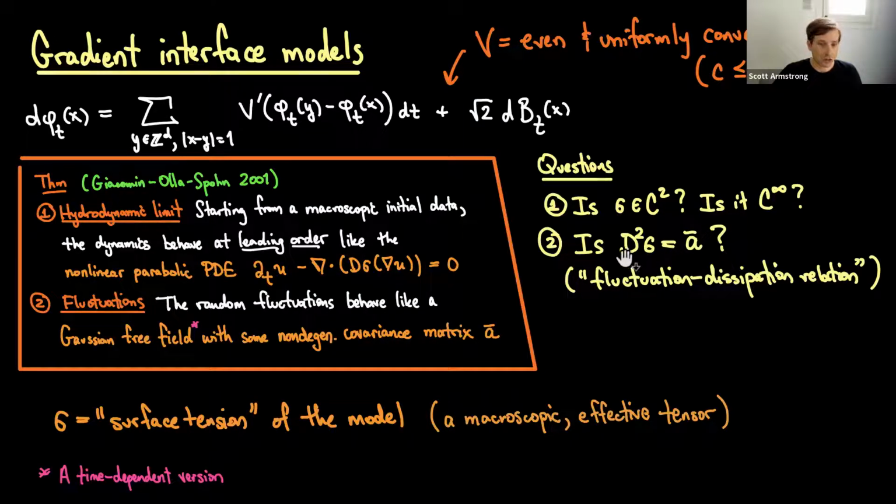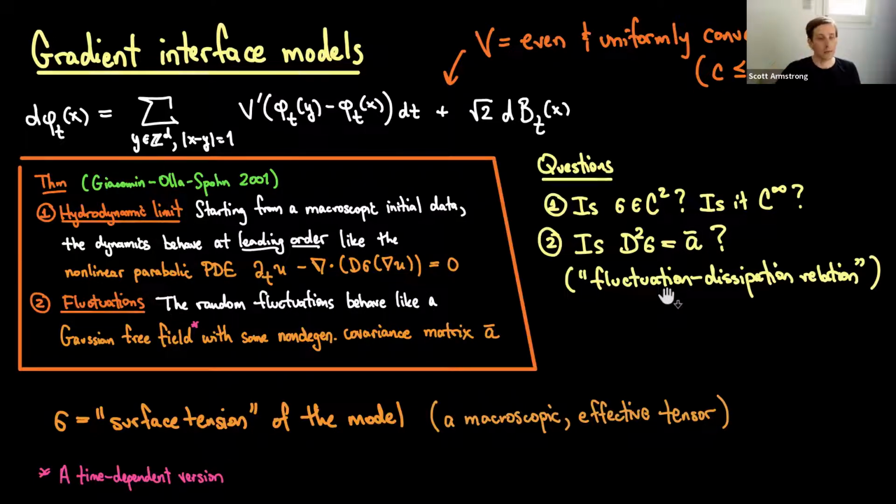They expect that this A bar is actually the Hessian of sigma at the point 0. If that were true, that would be a relationship between this hydrodynamic limit and this fluctuation limit, and they call that a fluctuation dissipation relation.